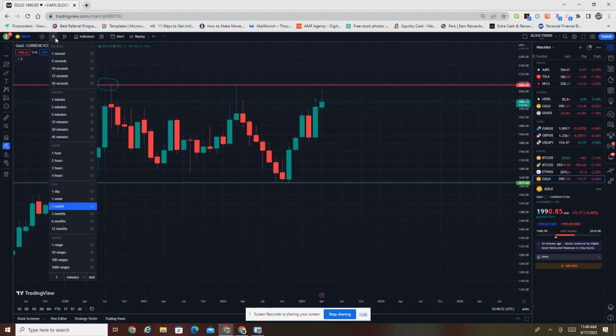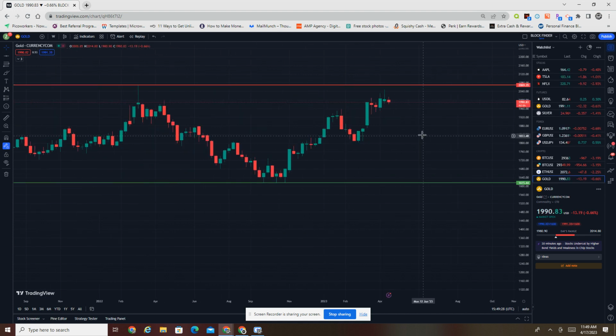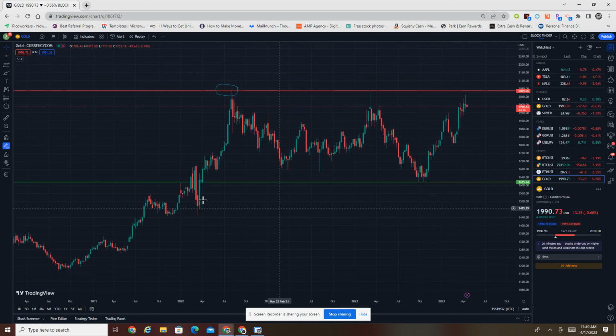So what I would generally like to do is go to the weekly time frame, just to make sure that everything is lining up with one another. So if we scroll out a little bit, as we can see, our lines that we previously drew on the daily time frame are actually telling us the same story on the weekly time frame.